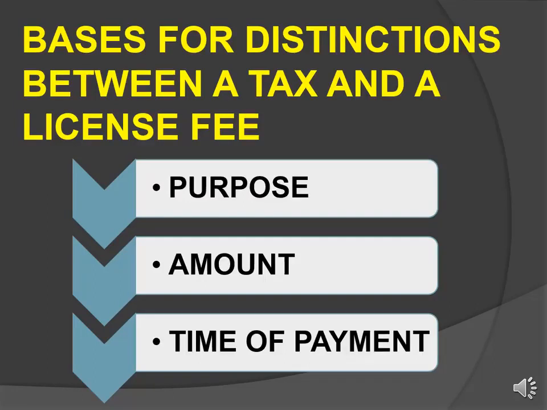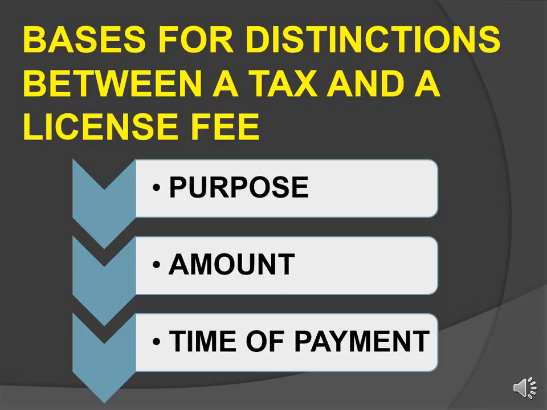Sometimes it is even said that the power to tax includes the power to destroy. However, with respect to a license fee, the amount collected should only be limited to the cost of inspection, supervision, regulation, and control. It should not go beyond that. Otherwise, there will be an illegitimate exercise of police power.